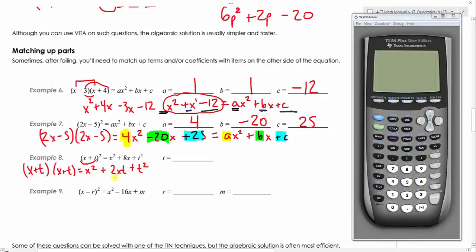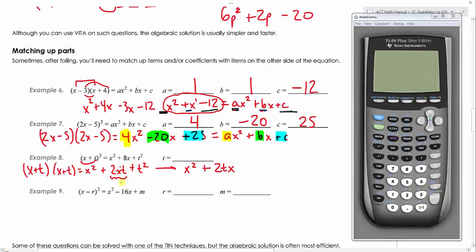Now, one tricky thing here is a lot of students will write out this middle term as 2xt. I would recommend putting the x at the end. So in other words, I'm going to come over here and write down x squared plus 2tx. Remember that multiplication has the commutative and associative properties. So when I'm multiplying 2 times x times t, I can write that however I want.